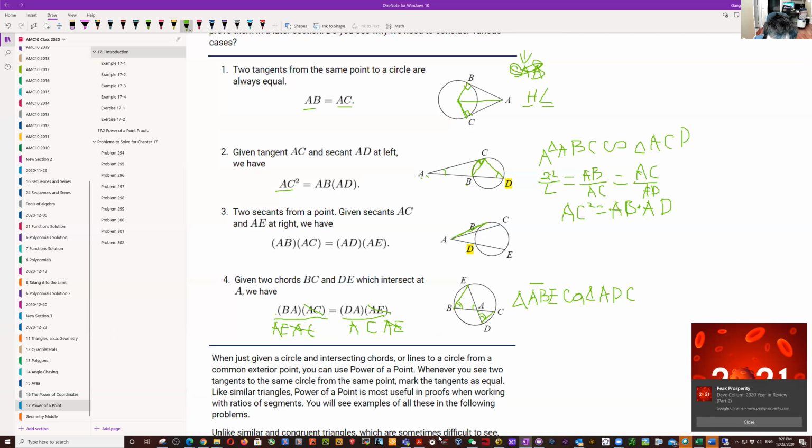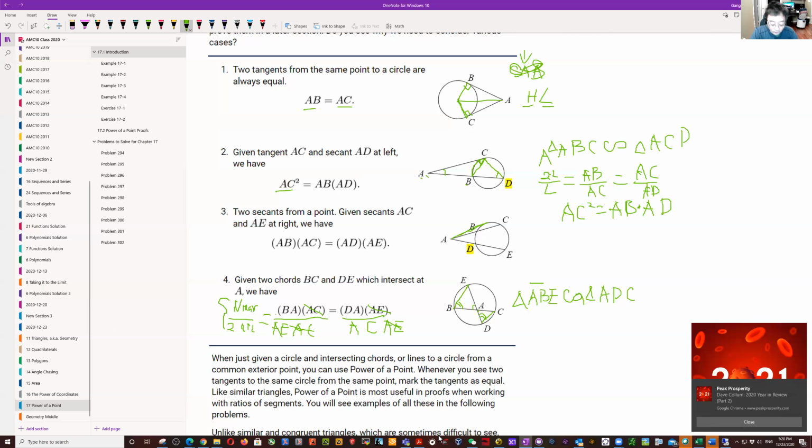And AC is double arc. So what I'm trying to prove is that, because of the similarity, I can tell. It looks very confusing, but if you mark it right, you definitely will get this right.